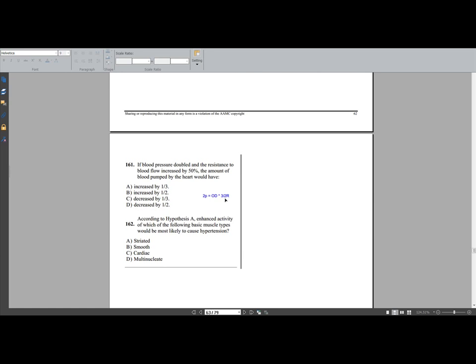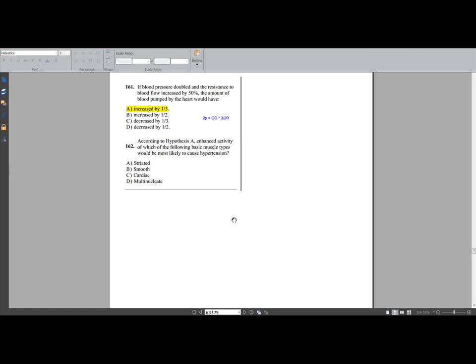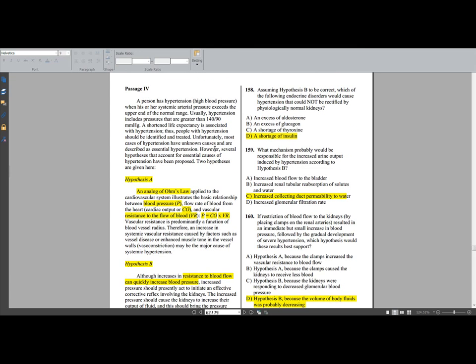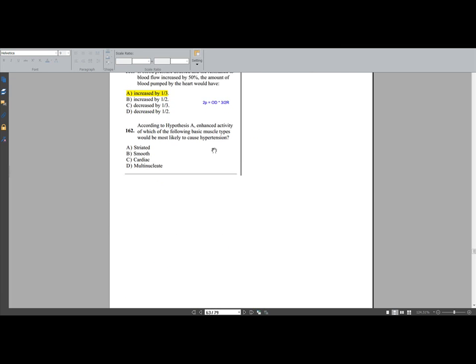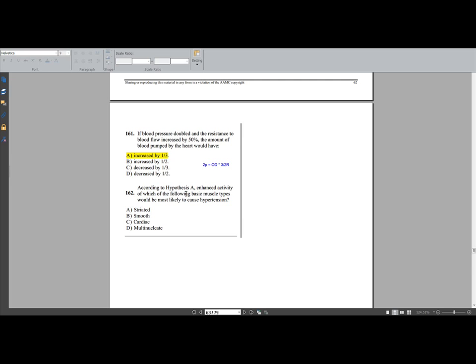Let's just move all the terms to one side then. 4 over 3. There is no 4 over 3. But I know 4 over 3 is greater than 3 over 3 by 1/3. So I'm just going to guess it increased by 1/3, even though there's no really good reason why. There's nothing in the paragraph helping. I don't remember reading about this in any of my classes and the study books.